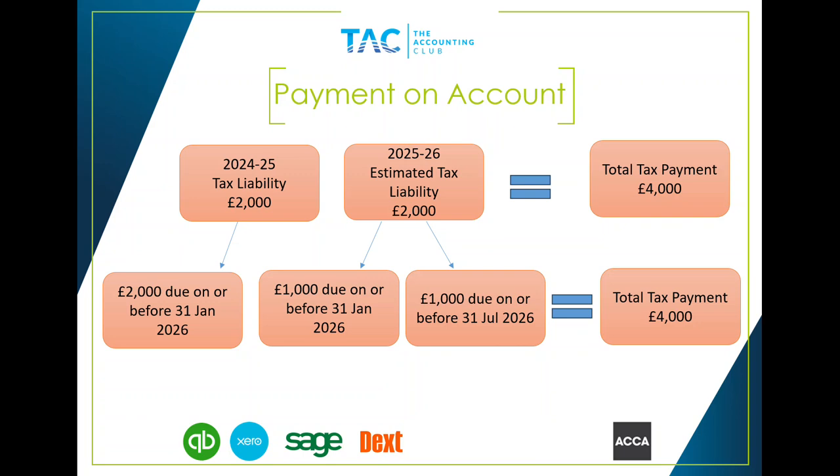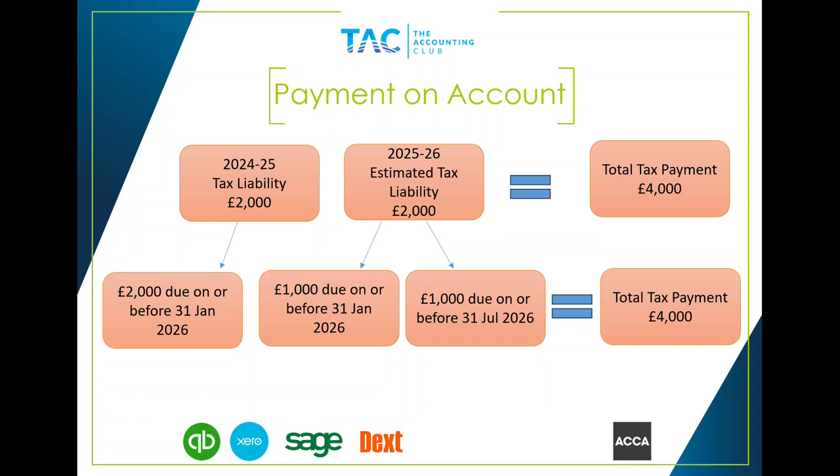So overall you're paying £4,000, but in that £4,000 you're going to pay £3,000 on the 31st of January, made up of £2,000 plus £1,000, and then another £1,000 due on or before the 31st of July.